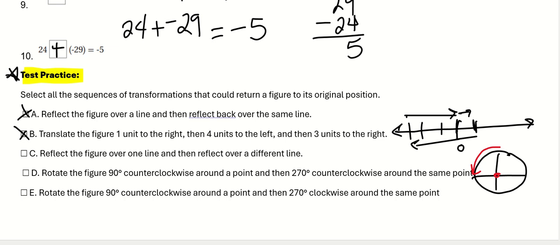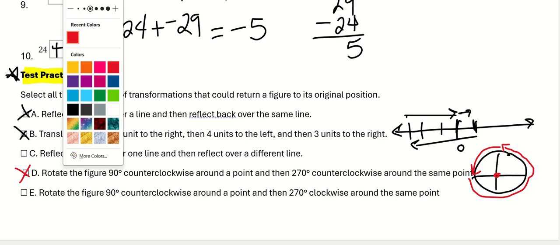So here's 90, 180, 270. And you can see I ended up at the same spot. Okay, so that one will work.